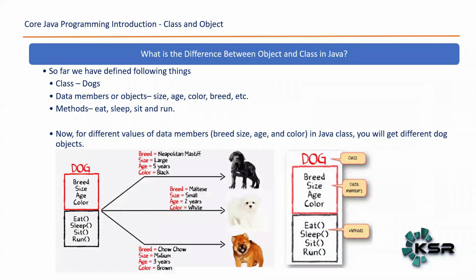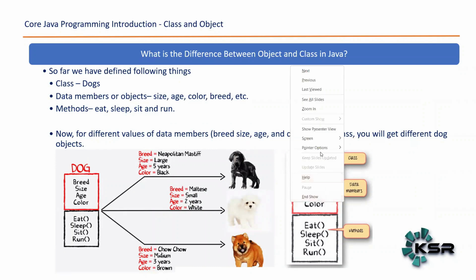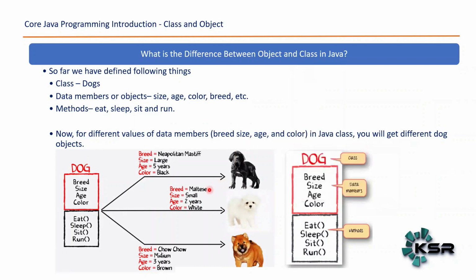So this has been given in this pictorial representation. Here you see different ways of what we can talk about. Maybe the breed is different, size is different, small, large, age is different, the color is different, right? So everything is different here. So we are talking about different data members.